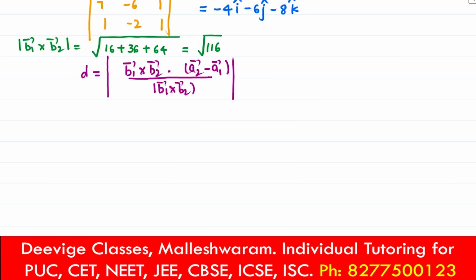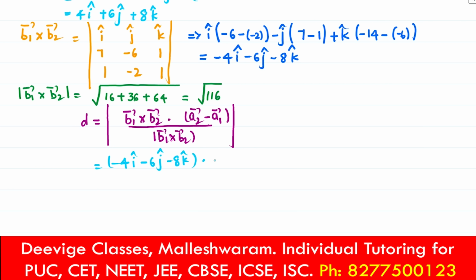Correct? We already solved the same type of question. So now we have all the values of B1 cross B2 and A2 minus A1, which will be equal to minus 4 i cap minus 6 j cap minus 8 k cap into A2 minus A1, which is minus 4 i cap plus 4 i cap plus 6 j cap plus 8 k cap, whole divided by root 116.